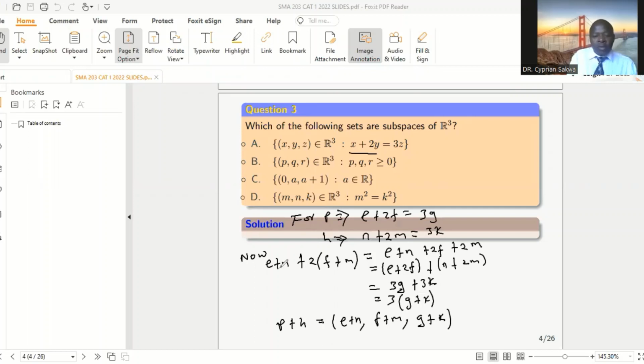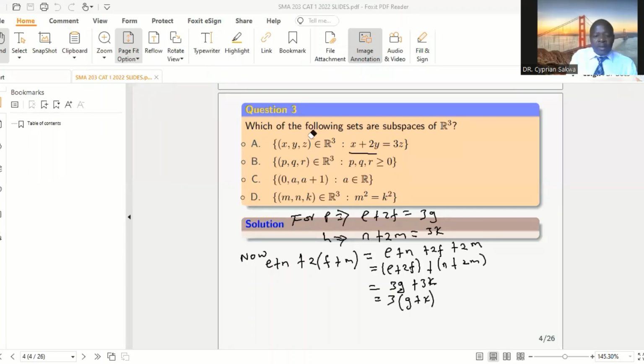We wanted to show that the first element plus 2 times the second element will give us 3 times the third element. So that means, therefore, that closure under addition has been satisfied.